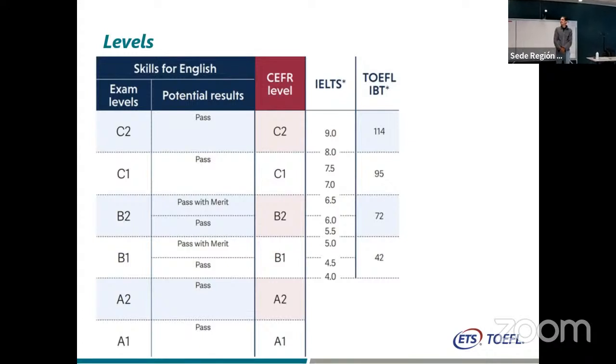No matter if they have done the TOEFL IBT or the IELTS, they try to match the systems for grouping their levels. So it all comes from the Common European Framework, which was created in 2002. And they created all these levels to standardize and group students according to their levels.